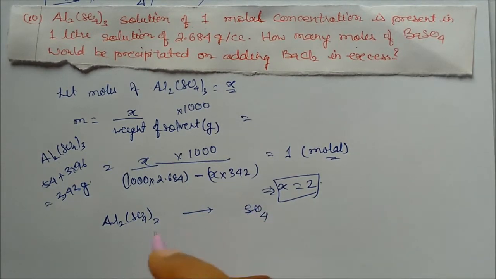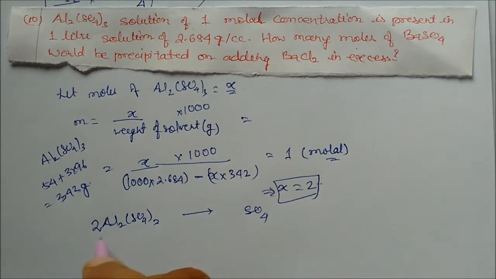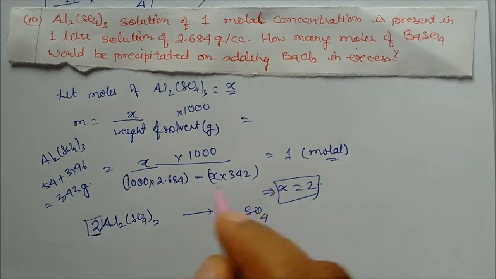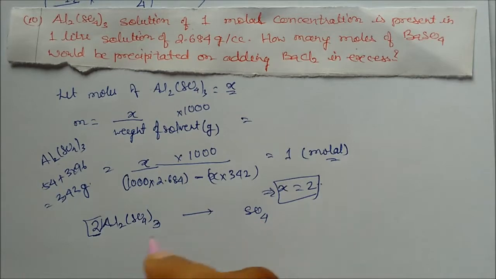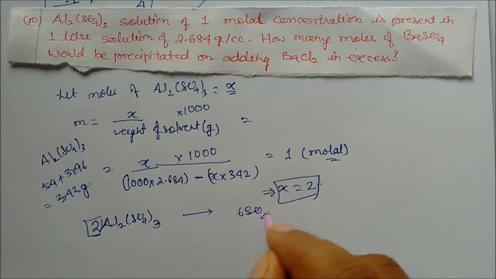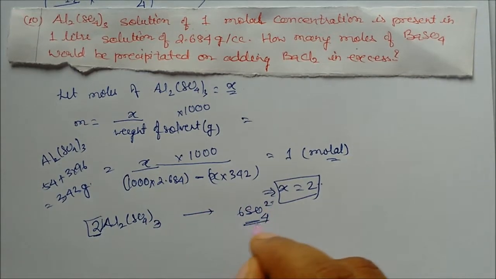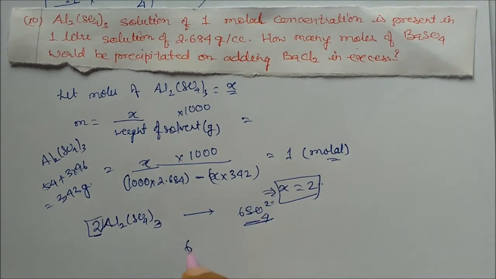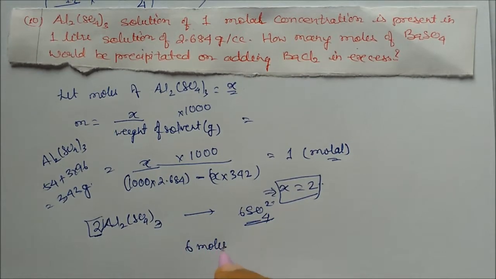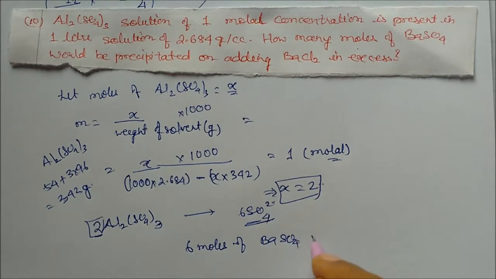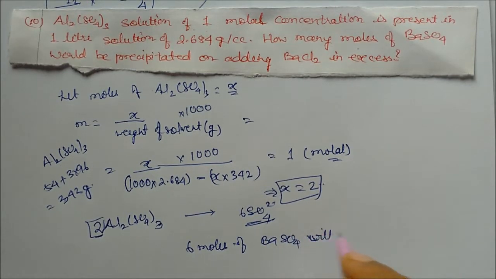Moles of sulfate. So aluminum sulfate is actually 2 mole. So this we get from this one, and how many sulfates do we get? So 2 into 3 will be your 6 moles of sulfate ions. Okay, so answer will be your 6 moles of barium sulfate.